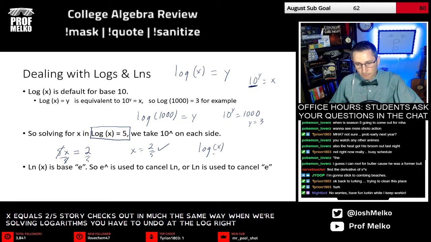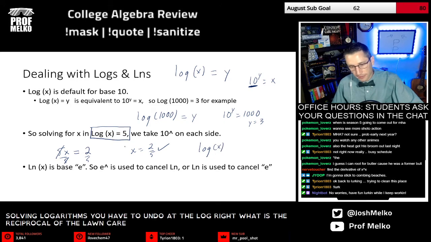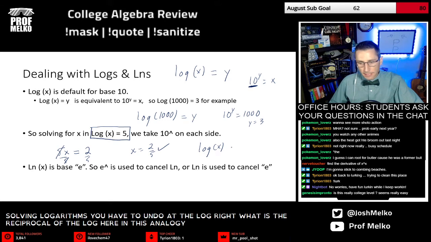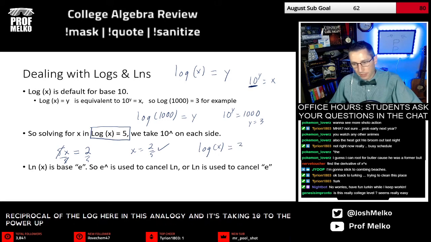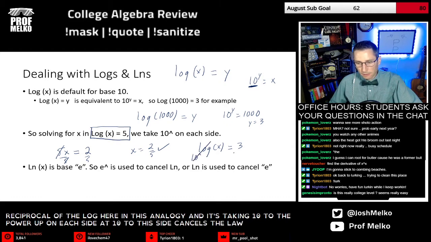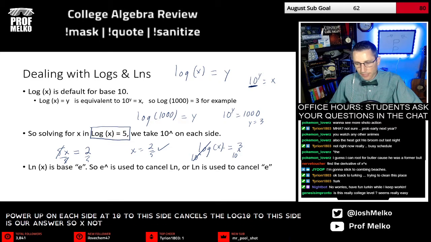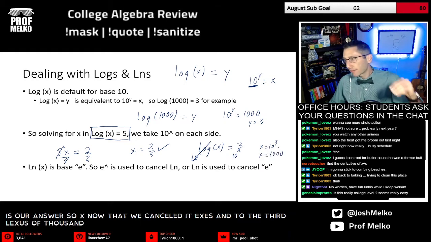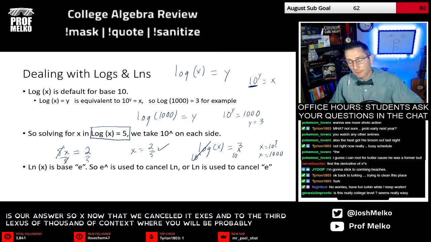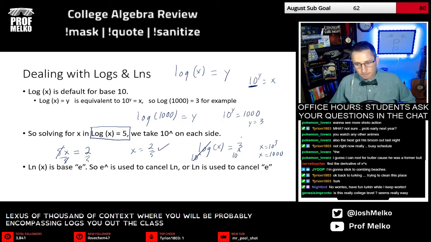What is the reciprocal of the log in this analogy? It's taking 10 to the power of on each side. 10 to this side cancels the log. 10 to this side is our answer. So x is 10 to the third. X is 1,000. So that's the sort of context where you'll be encompassing logs throughout the class.